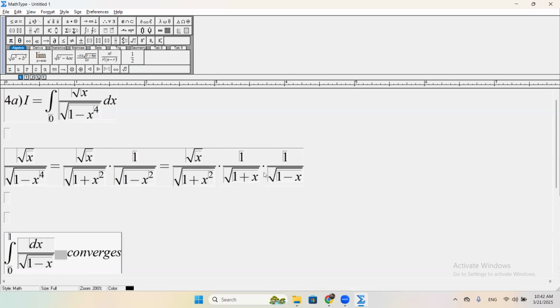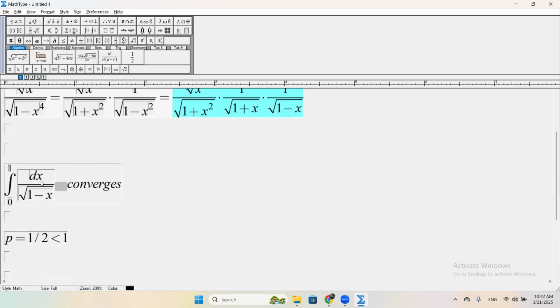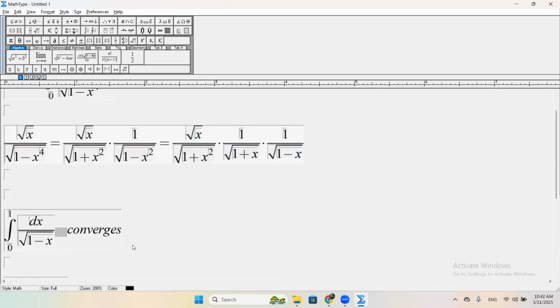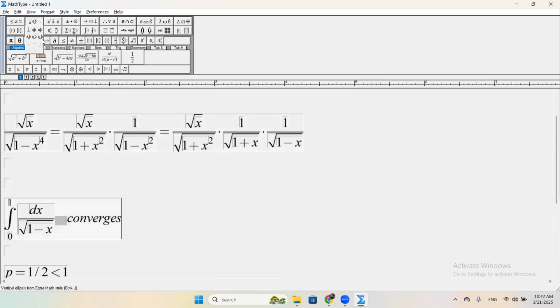And this function is less than this function. So this integral I converges as well. Any questions about this exercise?